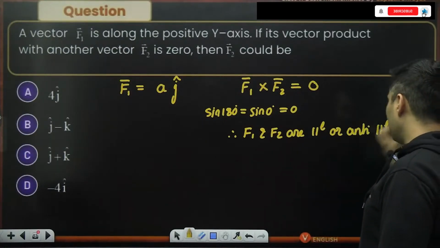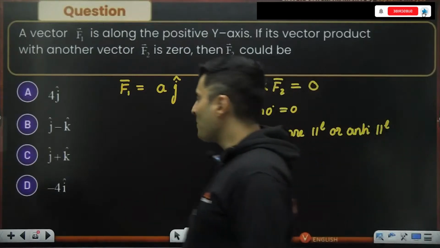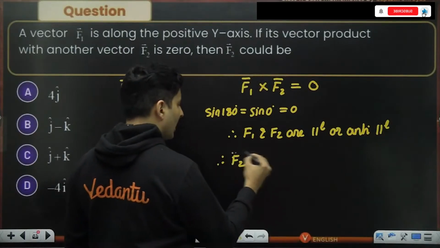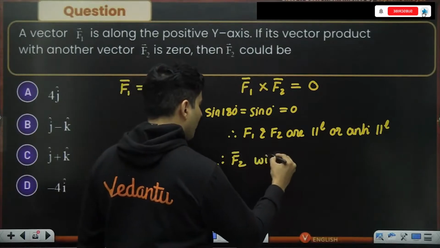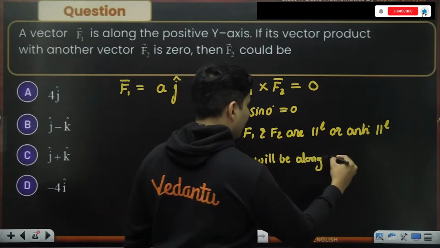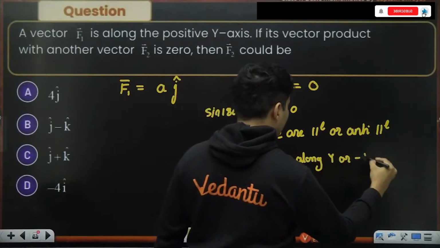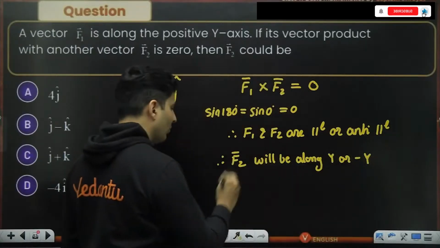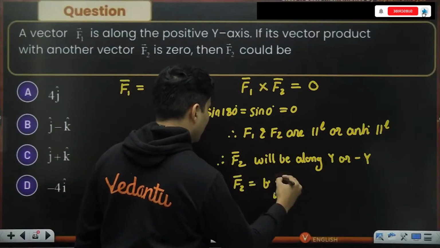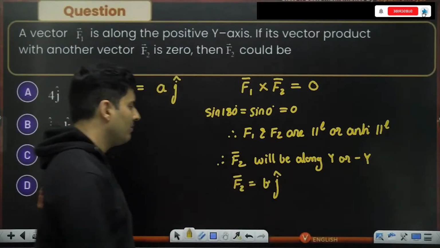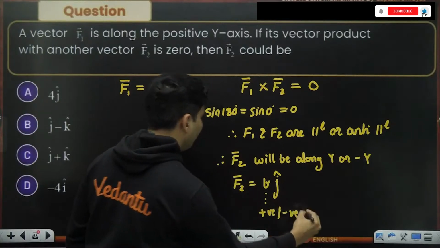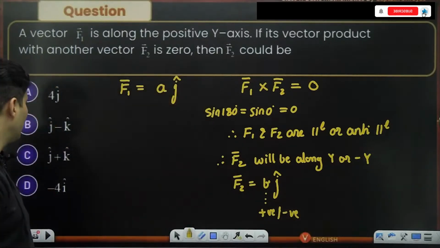So that means F2 will be along y or negative y. But whatever it is, F2 will be some constant into j cap. B can be positive or negative, anything. It will be definitely along j cap.